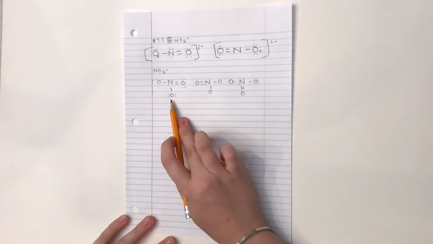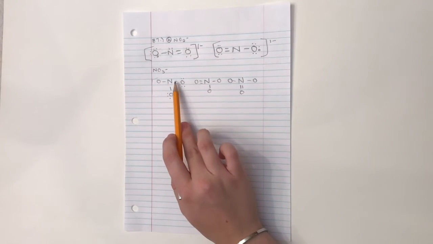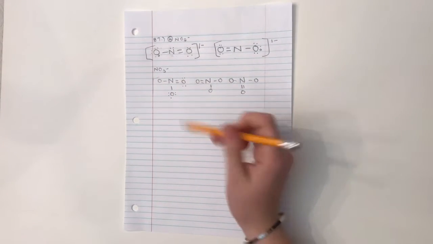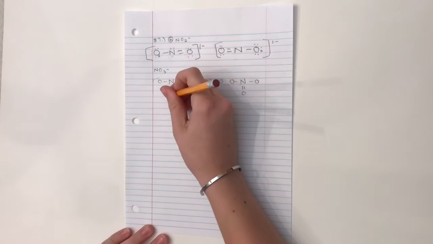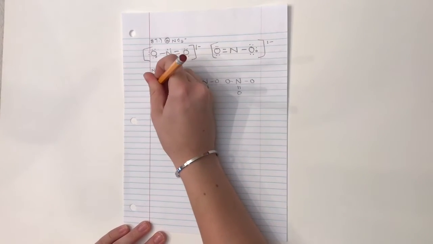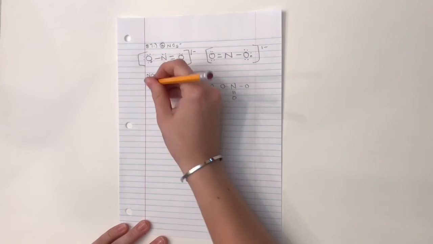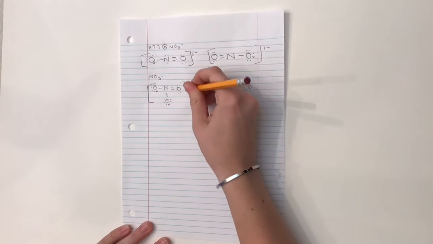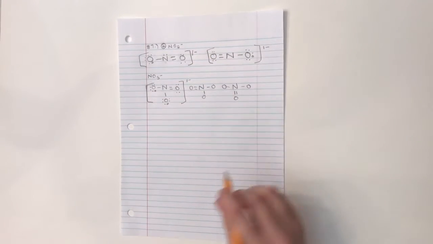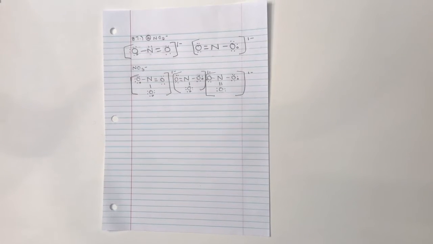So this O will get its electron from N because N has 1, 2, 3, 4 right now, and it needs 5. So this 5th one that would be up here is going to come to this O. And this O is going to get the electron that comes from the minus in NO3-. And the same will happen on all 3. These are the completed resonance structures for NO3-.